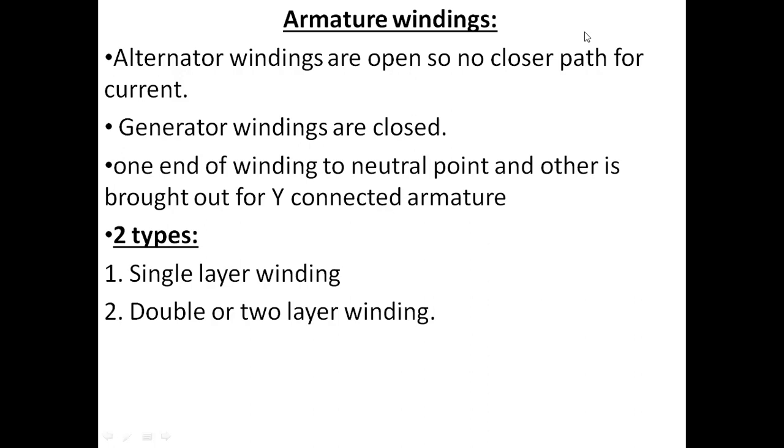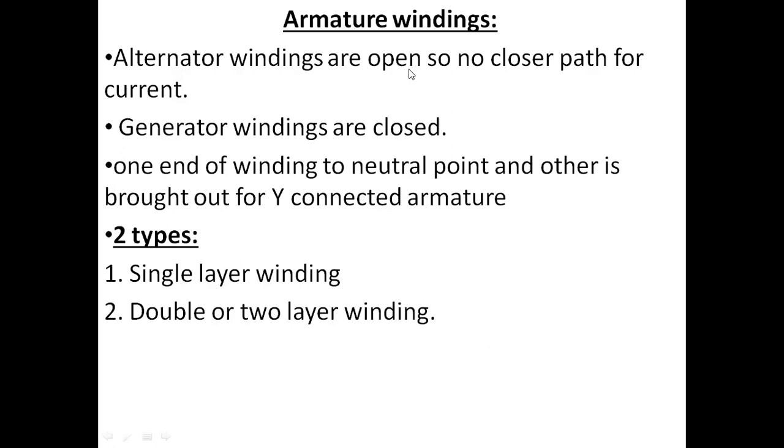It is quite different because in DC machines, on the former we can wind the copper wire. But while winding the armature copper wire in the armature slots, there should be some restrictions, and there are some types in which the armature winding is wound.